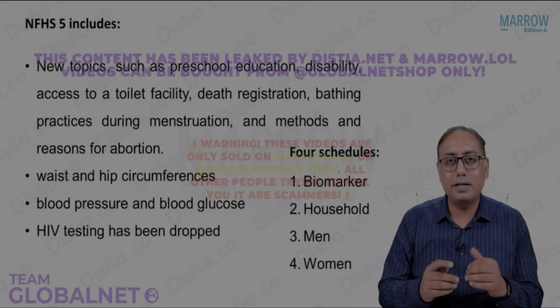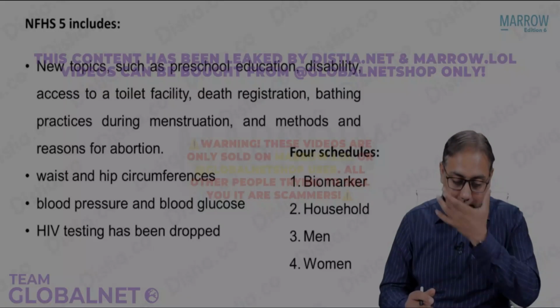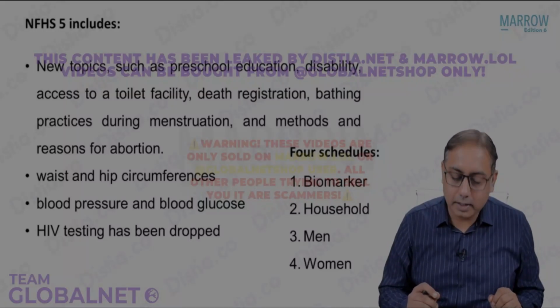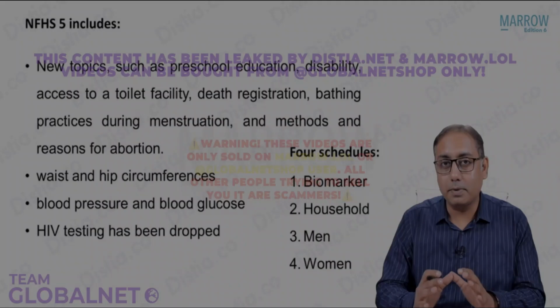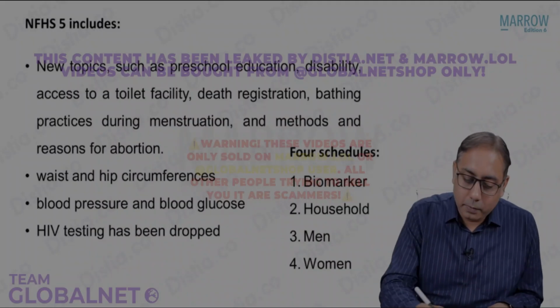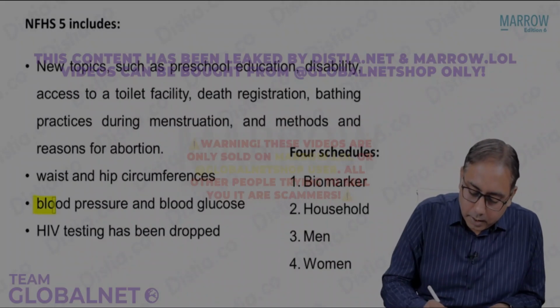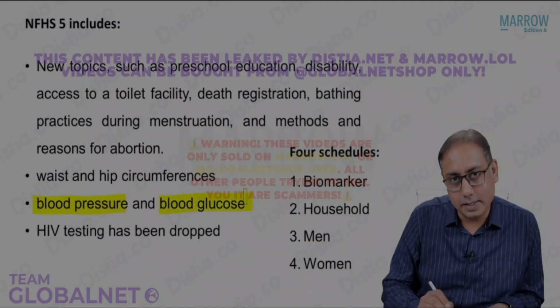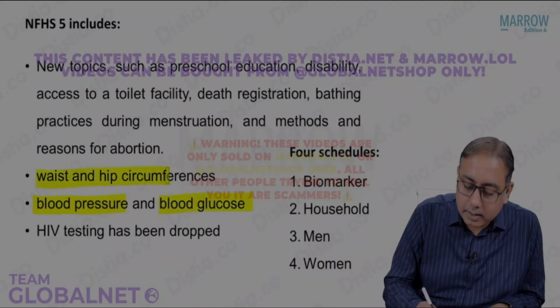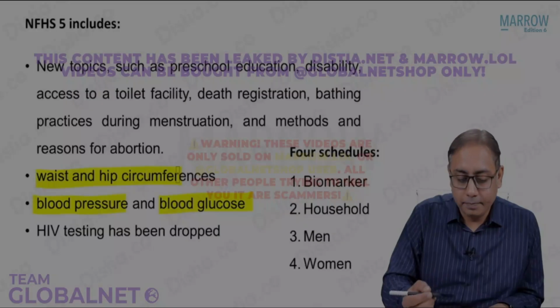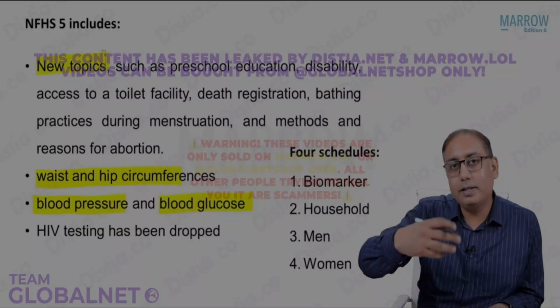Next, if you go a little bit into detail of the NFHS 5 data, you can see that for the first time under the National Family Health Survey, we conducted blood pressure and blood glucose level testing. Also, waist and hip circumference were measured. Some new topics were included in NFHS 5.